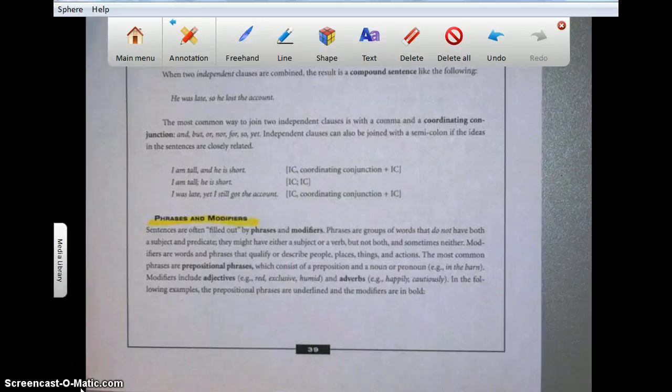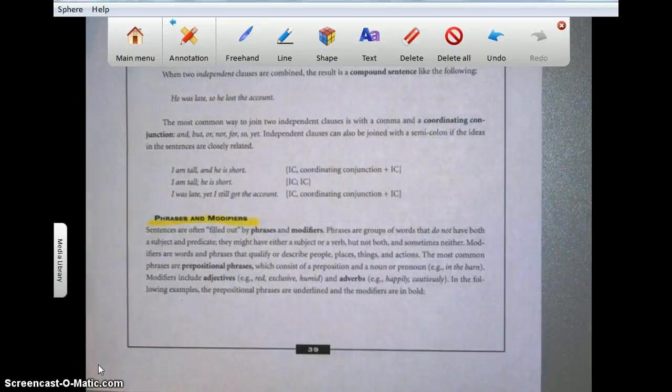Okay, next we're going to look at modifiers and phrases. Sentences are often filled out by phrases and modifiers. Phrases are groups of words that do not have both a subject and a predicate. They might have either a subject or a predicate, but they're missing something. The most common phrases are prepositional phrases.